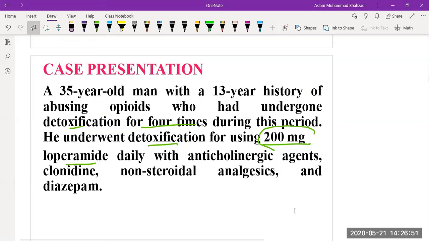The patient used 200 milligrams of loperamide, which means he was misusing the drug and dose, along with anticholinergic agents, clonidine, non-steroidal analgesics, and diazepam.